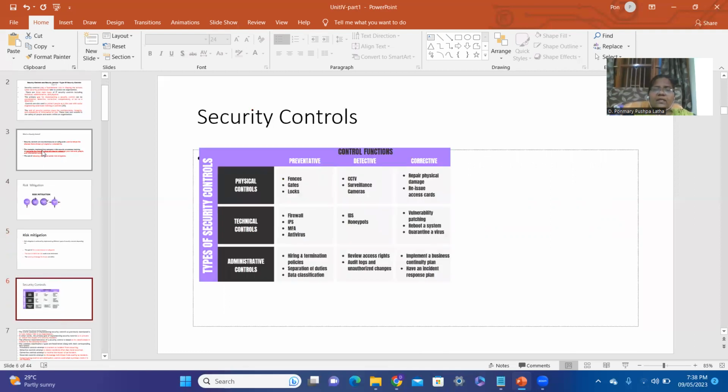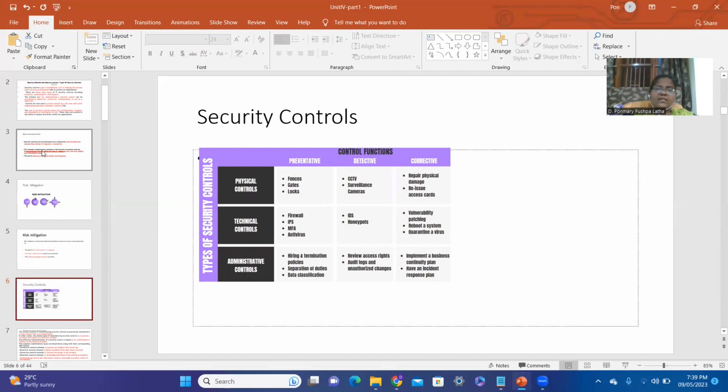In security controls, there are different types: physical controls, technical controls, and administrative controls. Each has different control functions: preventative, detective, and corrective. For preventative physical controls, you can lock things, like putting a gate on our house.